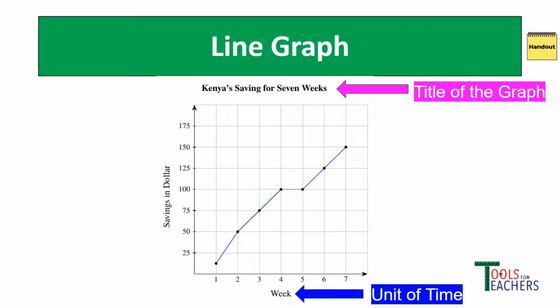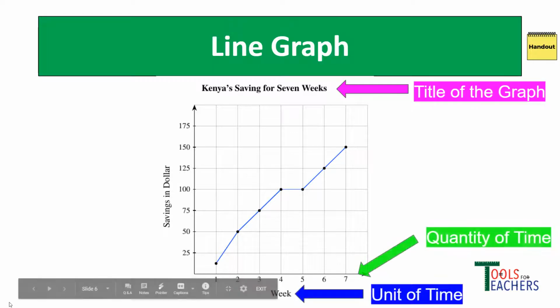On the horizontal axis, that's the one that's side to side at the bottom, that axis is going to be a unit of time. In this case, we can see that the unit of time is weeks. So where we see the quantities 1, 2, 3, 4, 5, 6, 7, that information is giving us the number of weeks.